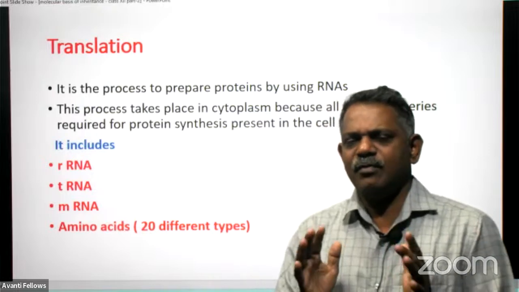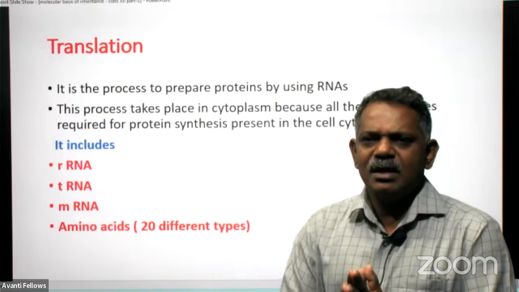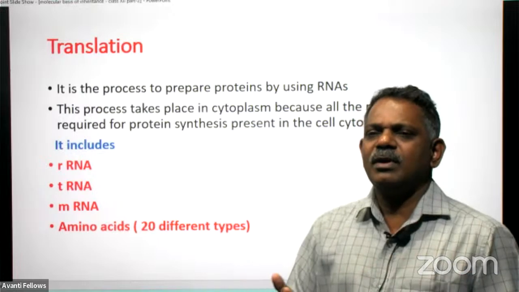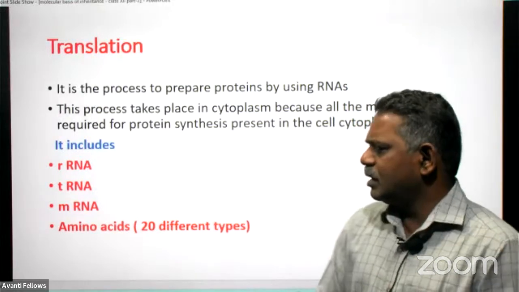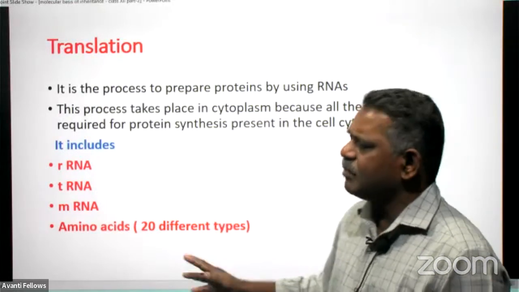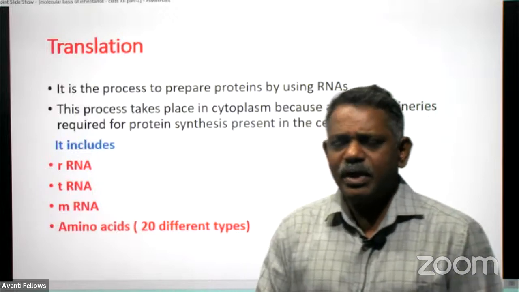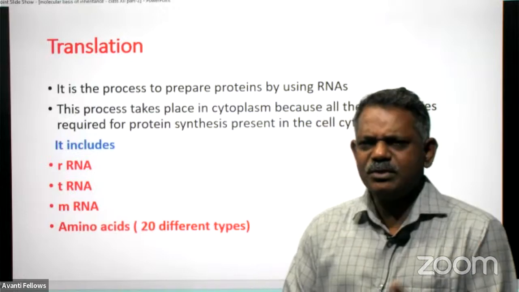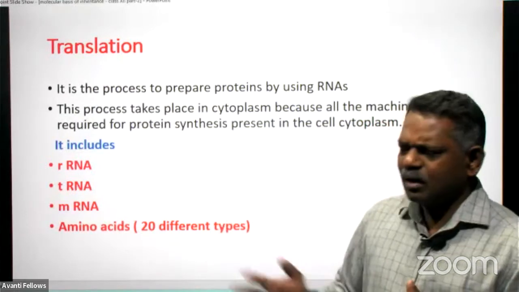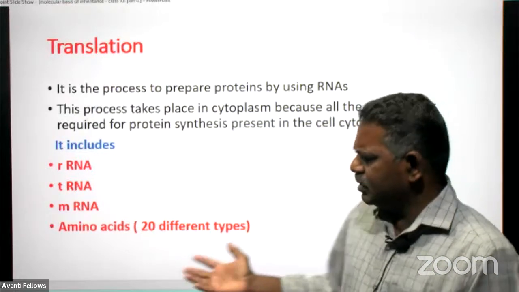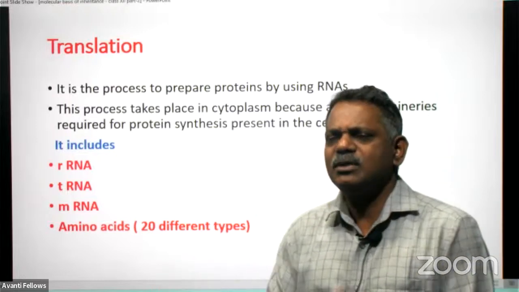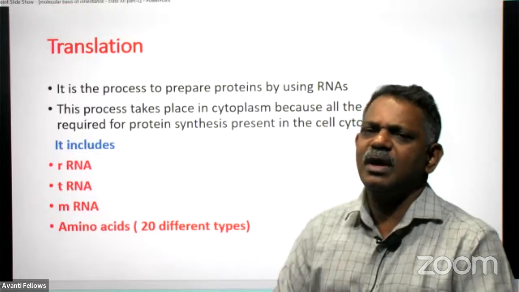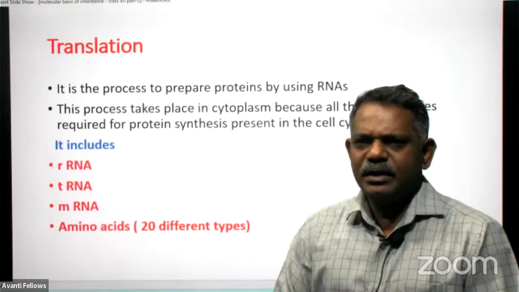There are 20 different types of amino acids present in the cell. With only these 20 different types of amino acids, we are making thousands of varieties of protein. How is it possible to make thousands of varieties of protein with only these 20 different amino acids? It is easy.